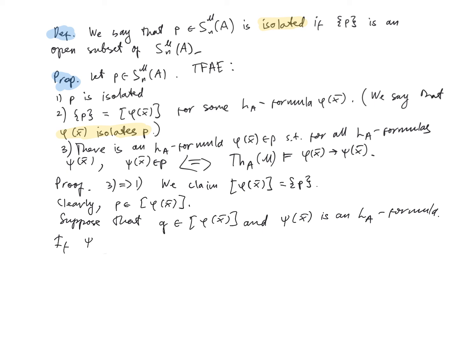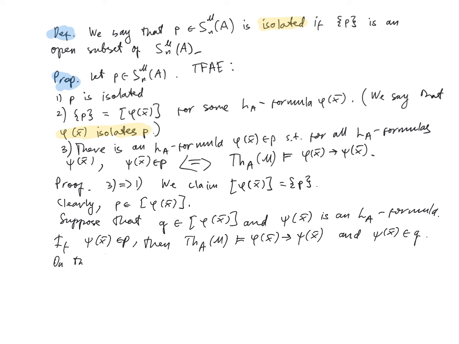If we have that psi of x bar is in P, then by the assumption 3, we have that the theory of M with the parameters for A named has as a logical consequence the formula phi of x bar implies psi of x bar, and we have that psi of x bar belongs to Q in that case, because phi belongs to Q.